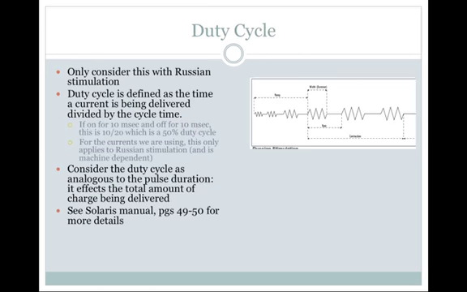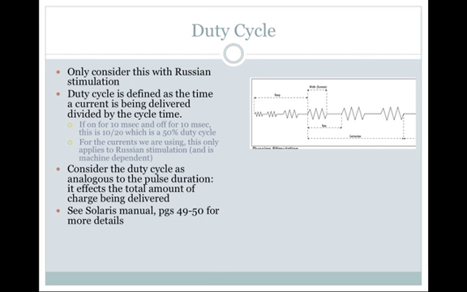All right, and then duty cycle. So really, the only area that we're going to deal with a duty cycle is with Russian stimulation. And duty cycle is defined as the time a current is being delivered divided by the entire cycle time.